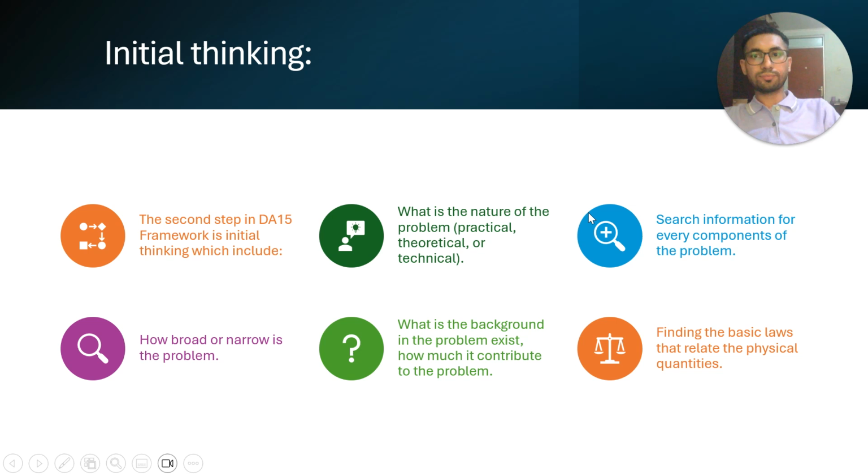The next one is initial thinking. The initial thinking is the second step of the DAI5 framework, which includes the nature of the problem, what kind of problem we are going to work on. Maybe it would be theoretical, technical, or practical. We should also search about each and every component or element of the problem.